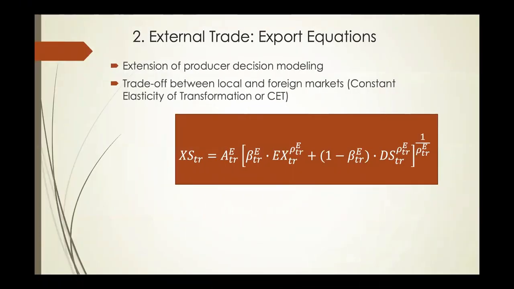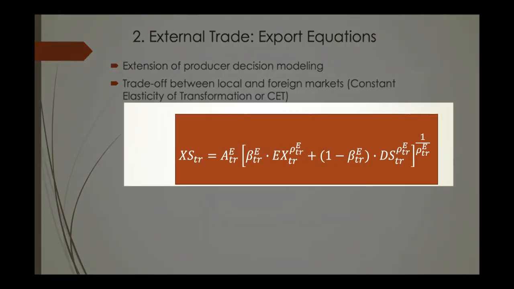The modeling of the external trade consists in determining the rules that govern the trade-off between selling to the local market or selling to the foreign market for producers, and the trade-off between buying domestic products or buying foreign products for consumers.